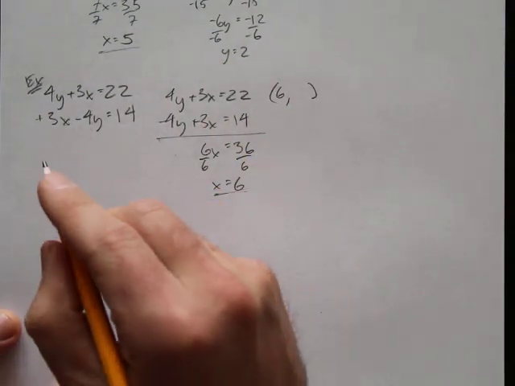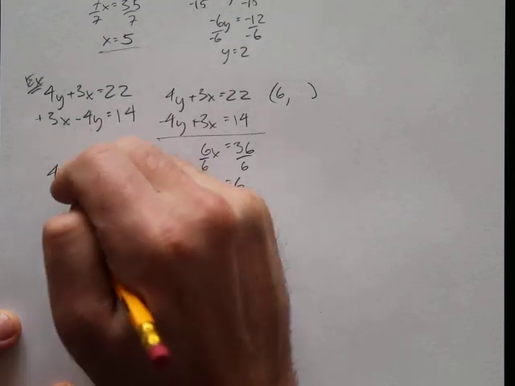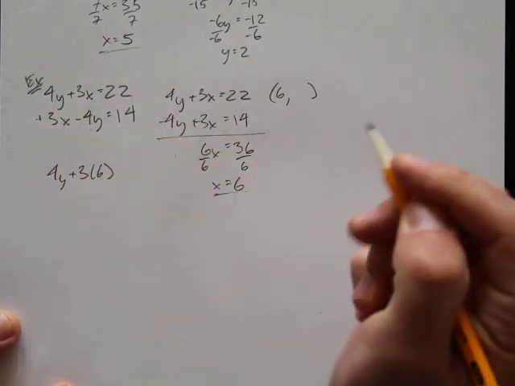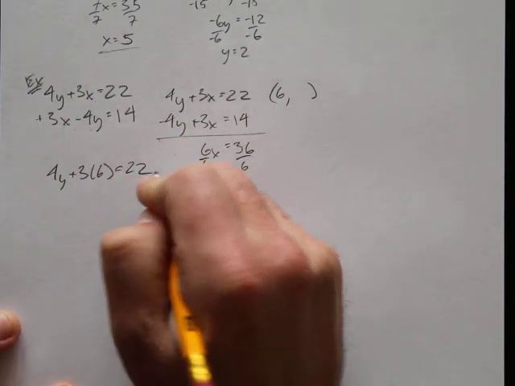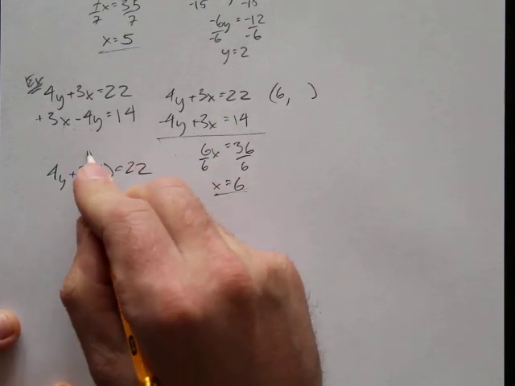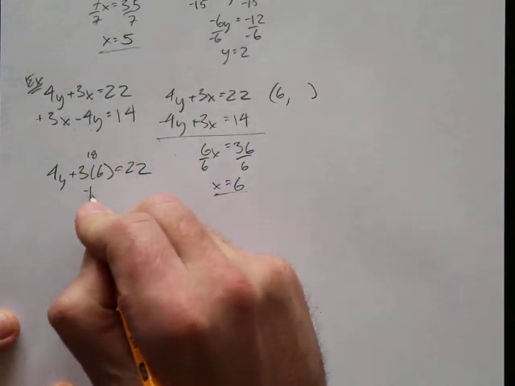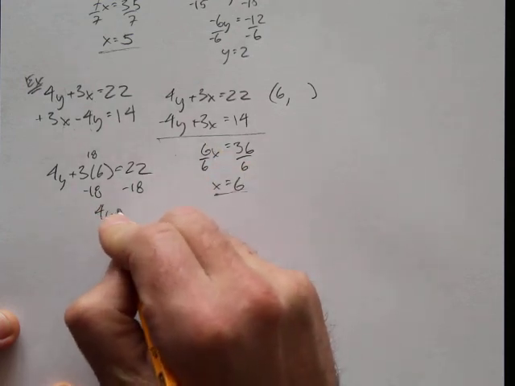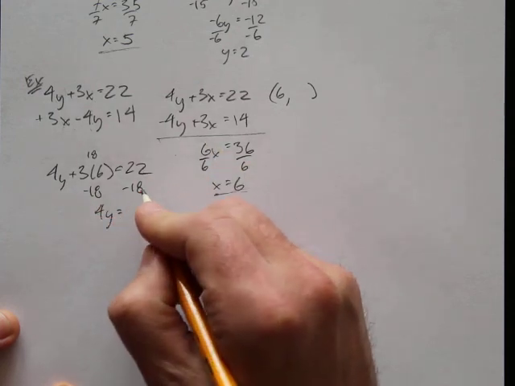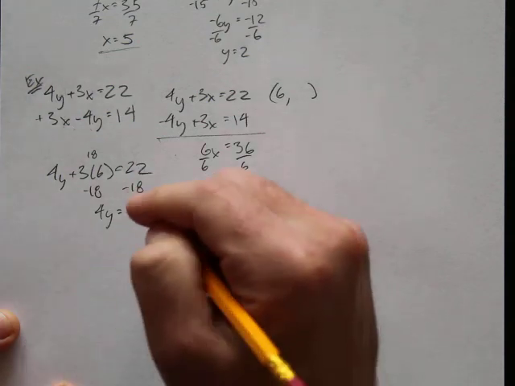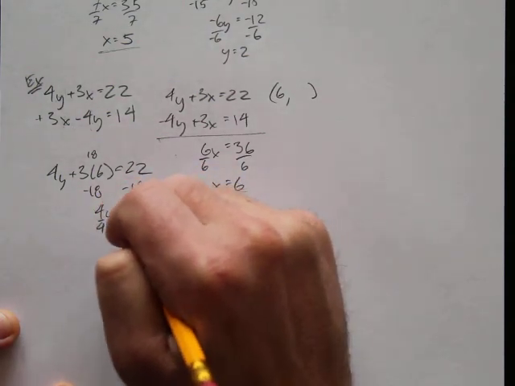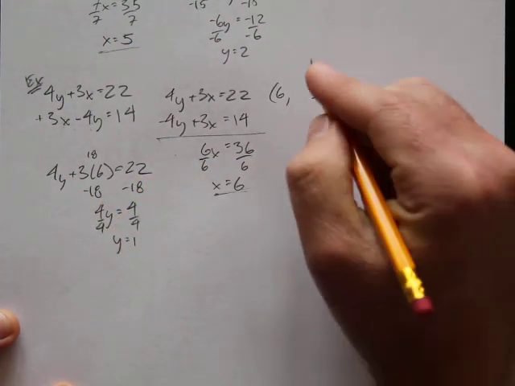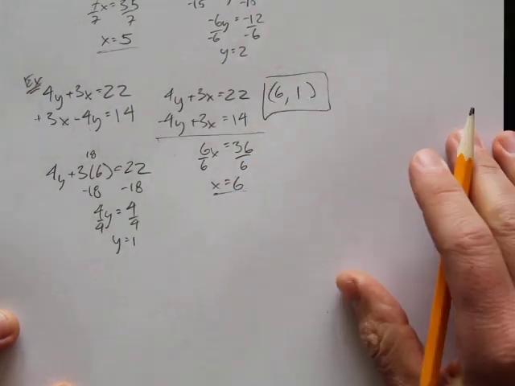Let's do the top one this time. 4y plus 3 times 6 equals 22. So this is going to be 18. So I'm going to subtract 18 from both sides. I've got 4y equals 22 minus 18 is 4. Divide by 4. Y equals 1. There's my answer.